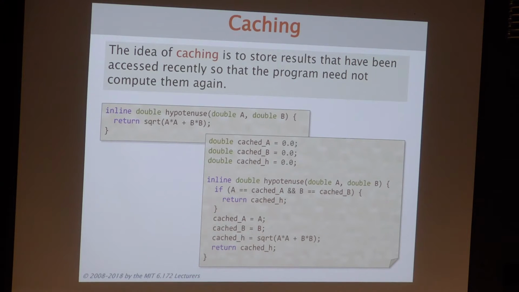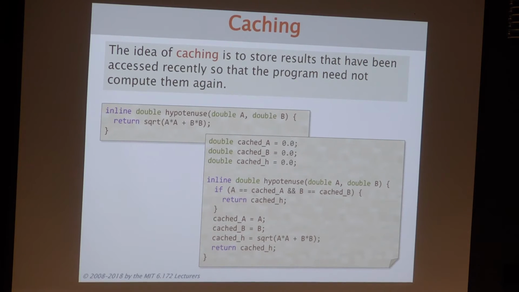But if it's not in my cache, now I need to actually compute it. So I need to call this square root function, and then I store the result into cached h, and I also store A and B into cached A and cached B respectively. And then finally, I return cached h.